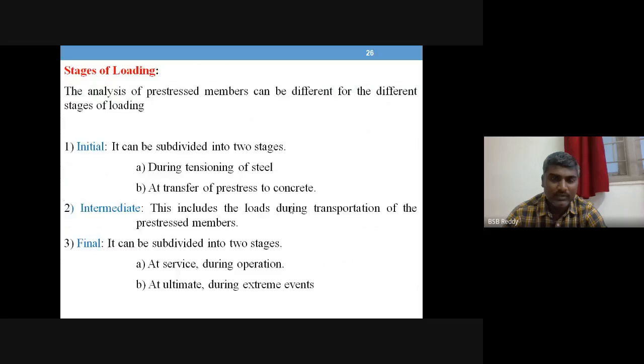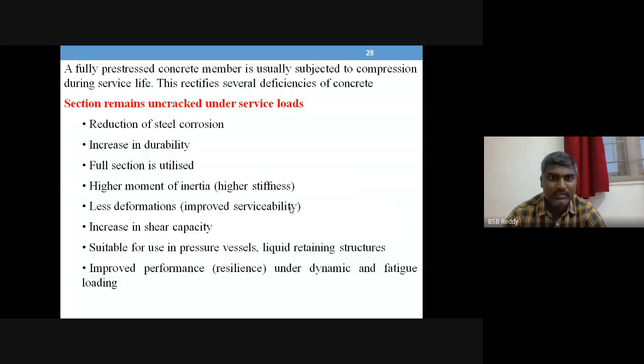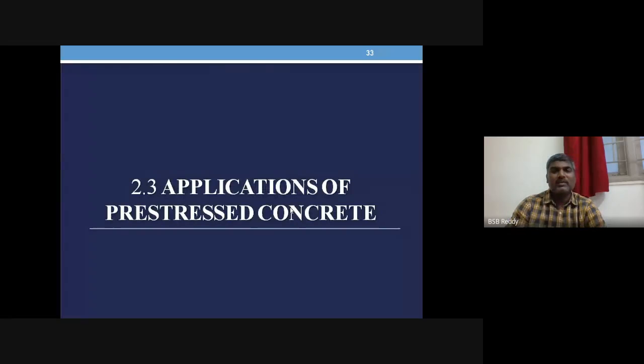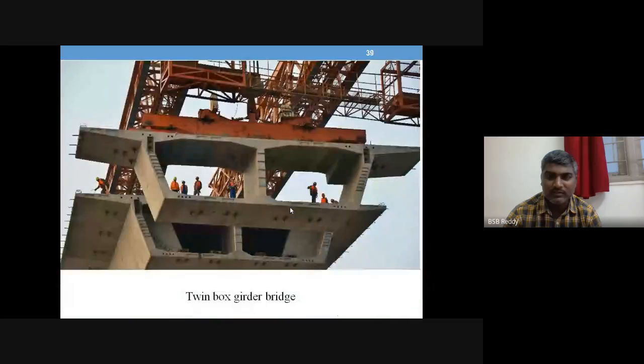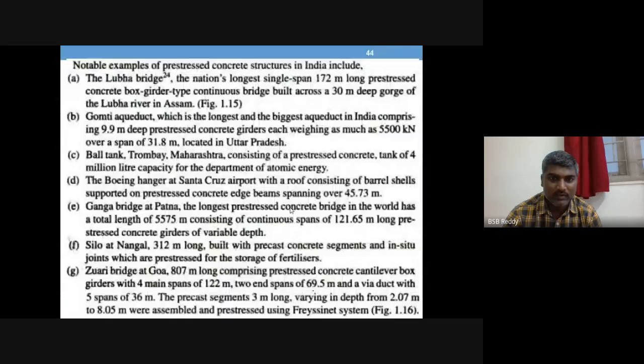And then stages of loading, and then the advantages of pre-stressed concrete are discussed, and the limitations of pre-stressed concrete are discussed, and applications of pre-stressed concrete are extensively discussed with suitable diagrams, wherever they are incorporated.